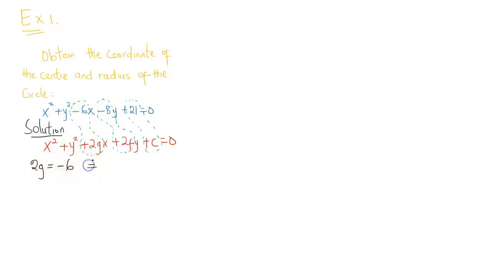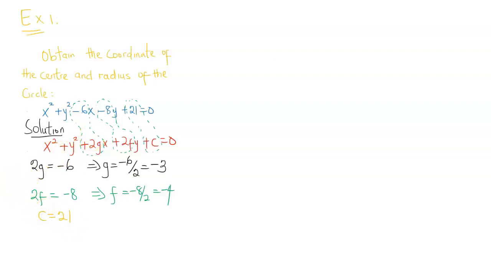Solving this, we would have g is equal to negative 6 over 2, and this is negative 3. Similarly, 2f, which is the coefficient of y in the general equation, is going to be equal to the coefficient of y in the equation that we are given, that's negative 8. Dividing both sides by 2, f is going to be negative 8 over 2, and this is negative 4. And as we found, c is positive 21.